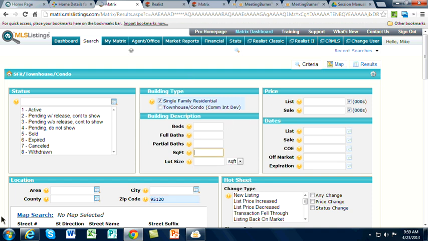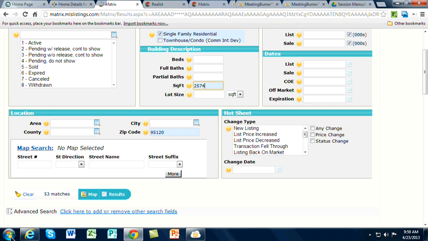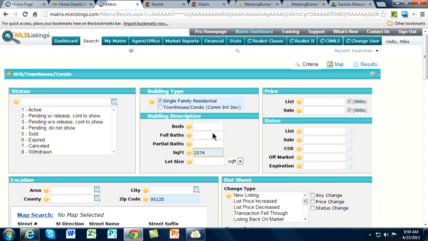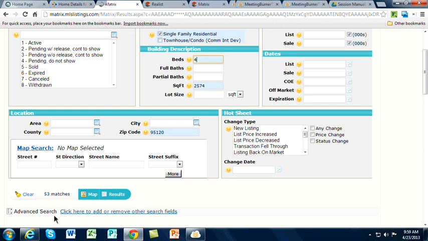I click here, 95120, and what was the square footage? 2574. Now, if this is a tract home, 53 matches. So if this is a tract home, that 2574 is the way to identify it.